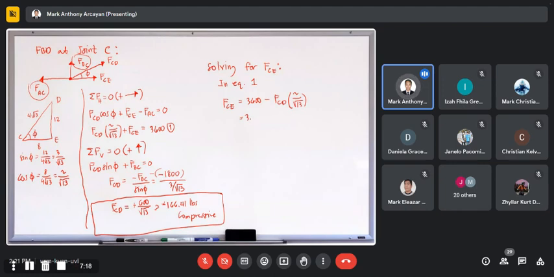So we have 3,600 minus FCD, positive ni siya, 600 over square root of 13 times 2 over square root of 13. Okay? So pila ka na itong CE? 3,600 minus 600 over square root of 13, then multiplied by square root of 13.